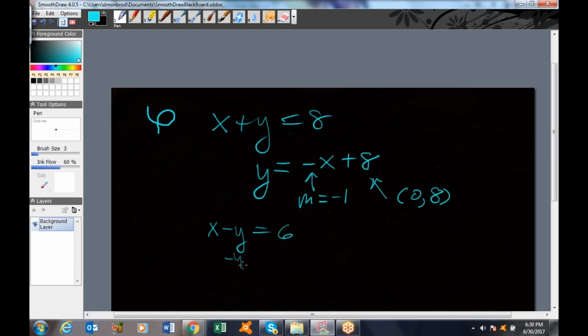Here, solving, I will subtract an x from both sides to get this. And now I'll multiply everything by a -1. So if I do that, I get this. Okay, so this was multiplying both sides by a -1.